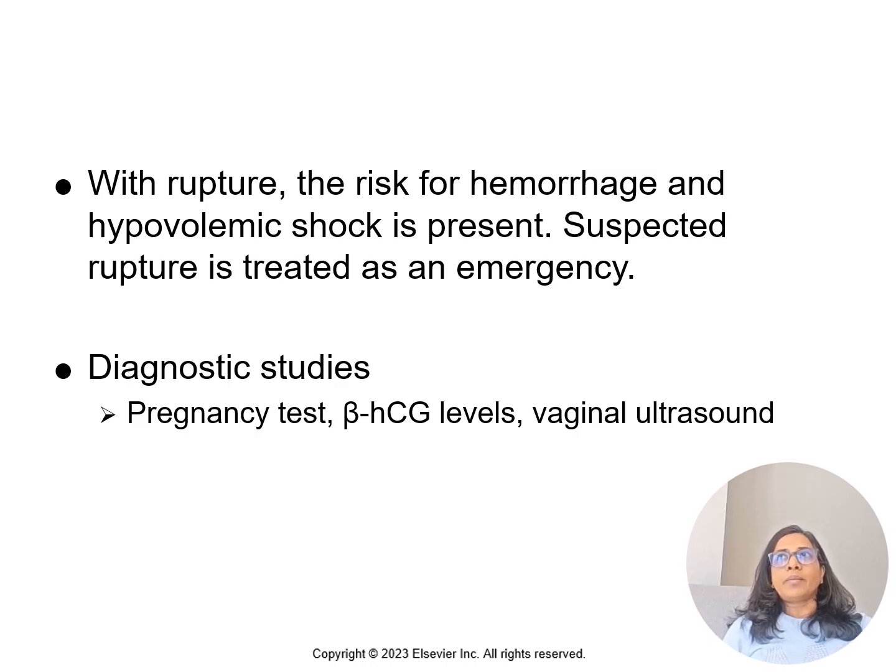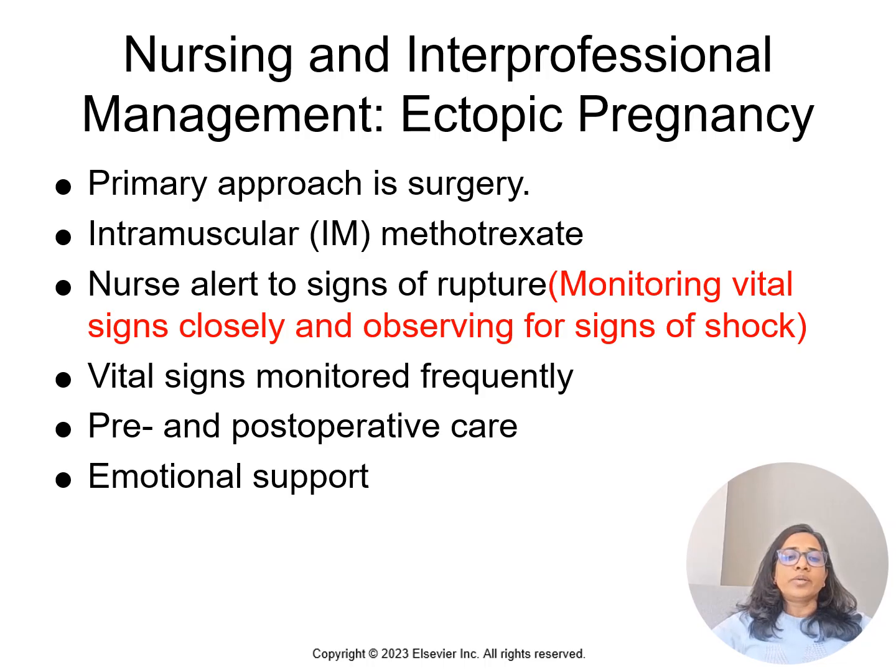If rupture happens, the patient can go into hypovolemic shock. So it's really, really important while caring for patients with ectopic pregnancy. As a good nurse, you always anticipate that complication. So watch their vital signs very carefully, looking for signs and symptoms of shock. Learn that really well. I might ask questions from that.